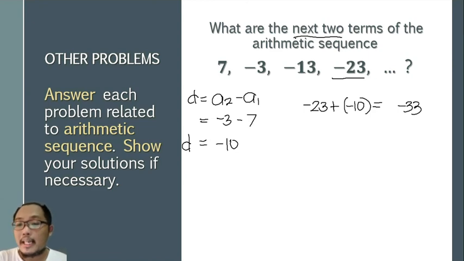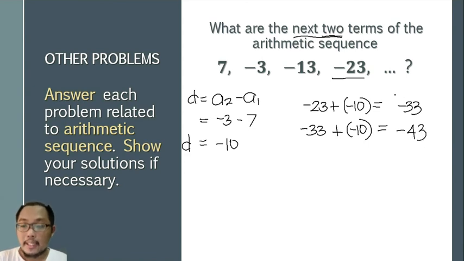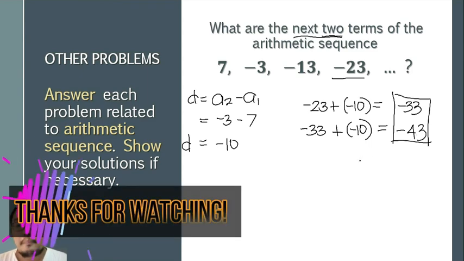But the question asks us to find the next two terms. So we must continue doing this, this time using negative 33 plus the common difference of negative 10, which gives us negative 43. So the next two terms are negative 33 and negative 43.